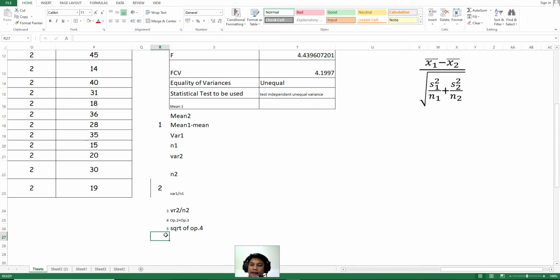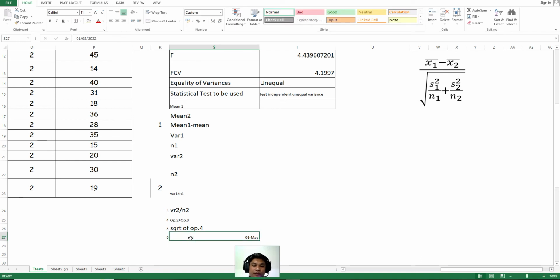And then after we get the square root, we divide it with the difference. So that is equals. That's the last. The difference refers to the first operation. So meaning operation 1 divided by the square root of operation 4, which is operation 5.